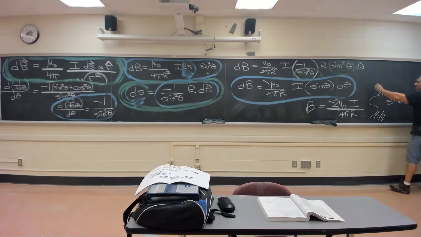What's that equal to? B equals negative 2 mu 0 I over 4 pi capital R.